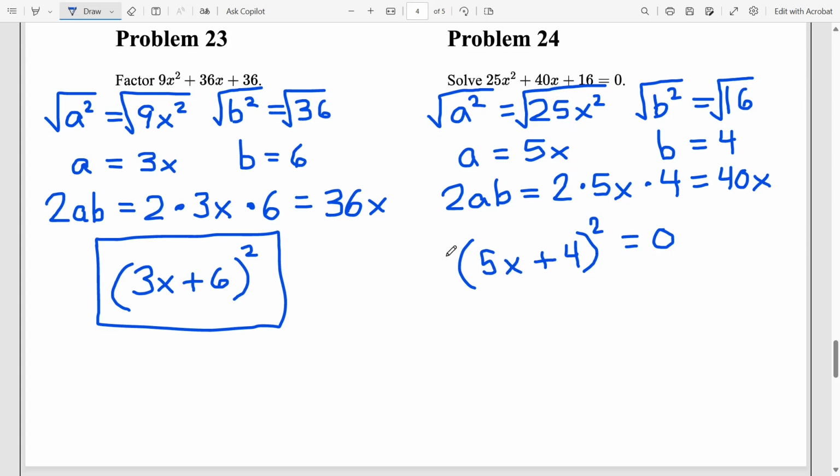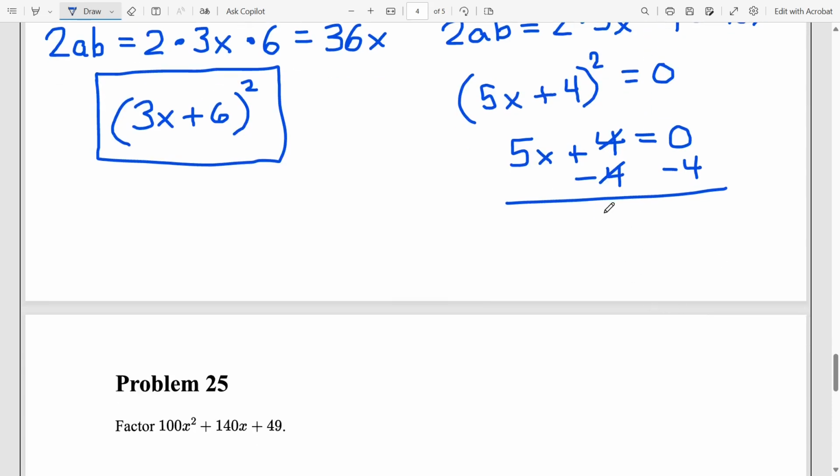But all I have to do to find the one unique real solution here is set 5x plus 4 equal to 0. So I'll subtract 4 from both sides here. 4 minus 4 is 0, and I'll get 5x equals negative 4.